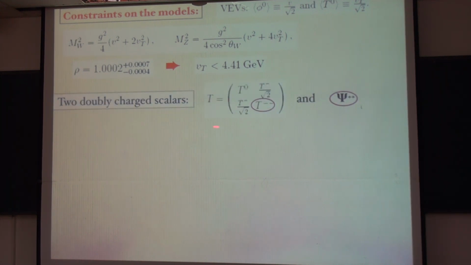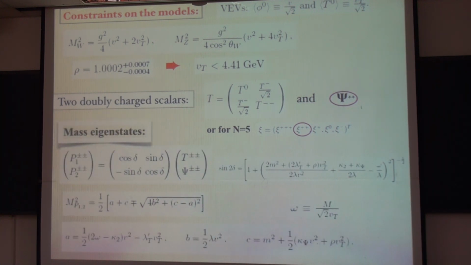In this model, we have two types of doublet charge. One is from the triplet, one from the singlet. If you want the high multiplet, we'll have one from any multiplet that will have a doublet charge, and this one, since we already keep the singlet there, we have these two. And this is the weak eigenstate basis.